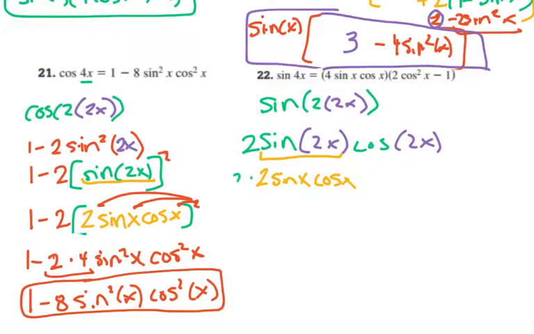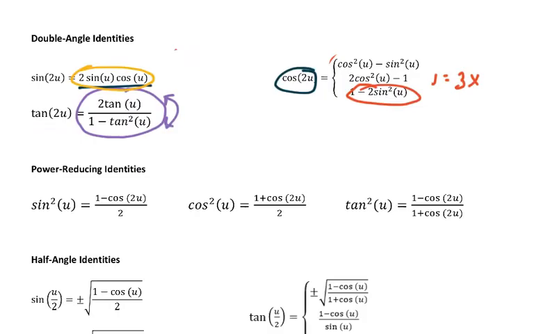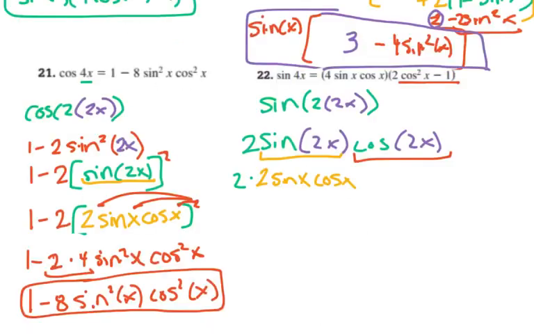2 still out front, and then cosine of 2x can be rewritten as, especially if we're looking at this piece here, 2 cosine squared of the variable minus 1. And of course that has a subtraction in it, so it ends up getting parentheses.